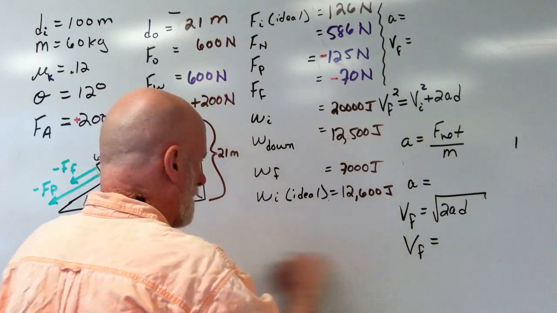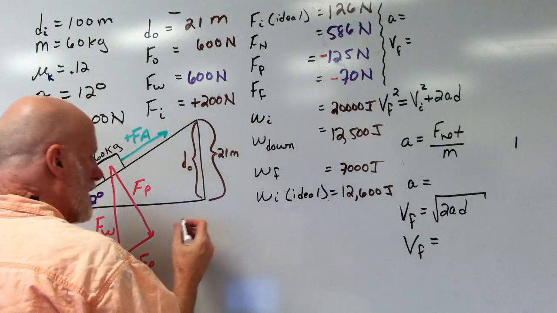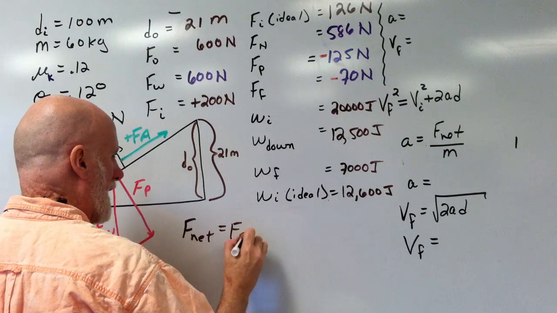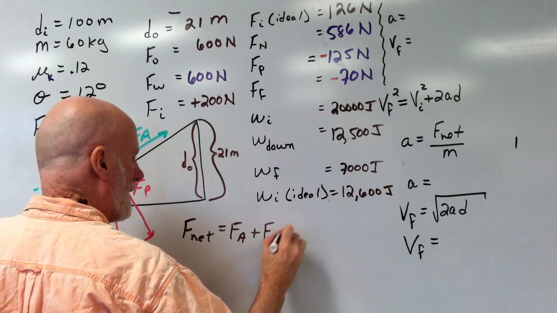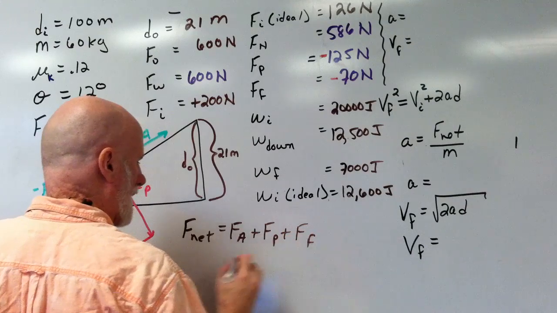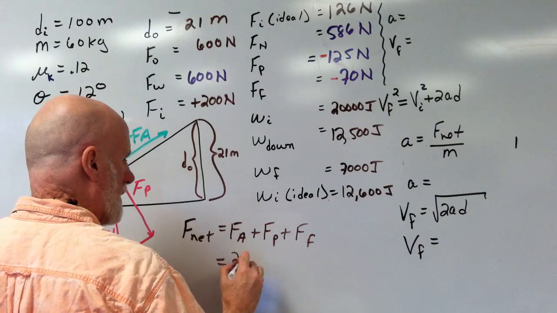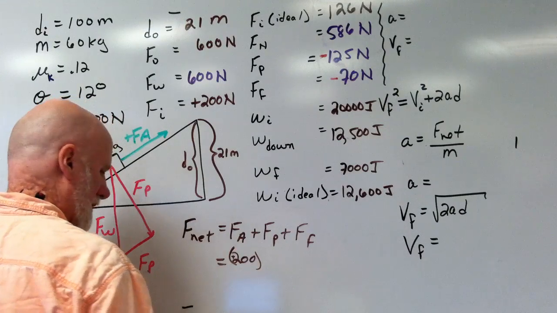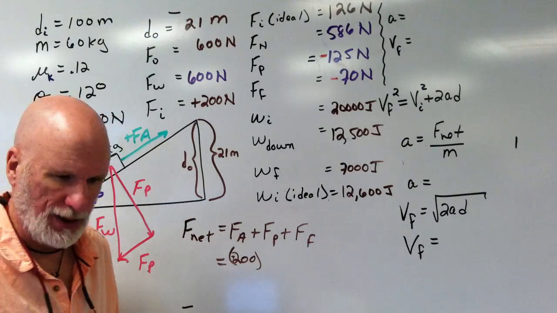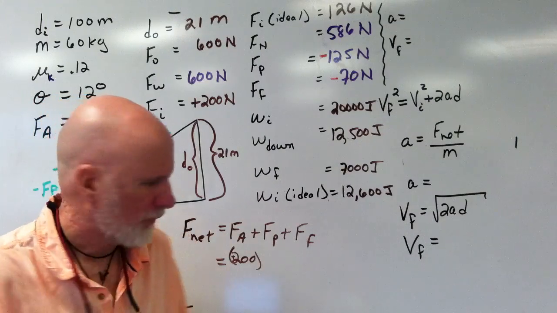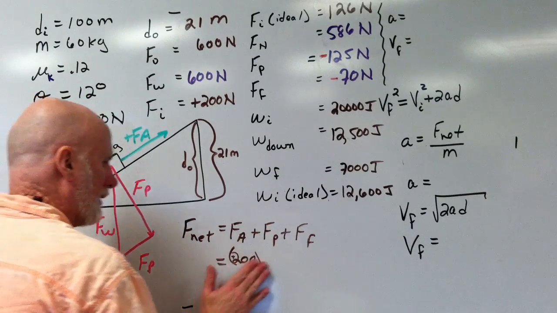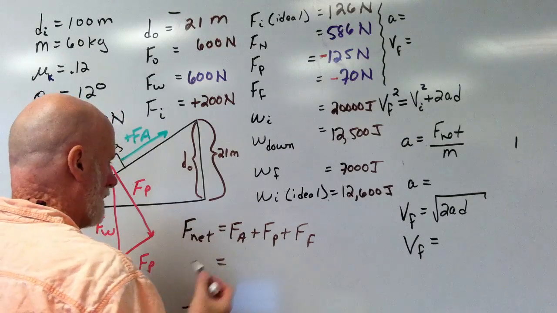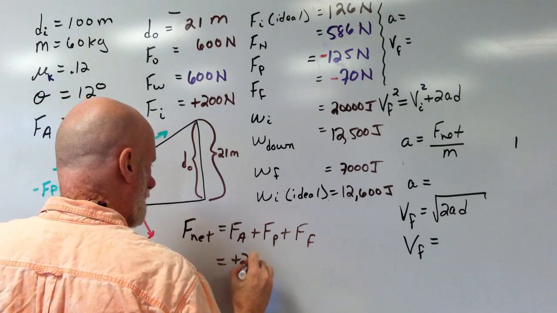I'm going to use this area as a workspace. I know that F net equals FA plus FP plus FF, right? Yes. So that's going to be 200 plus, I'll leave off the unit labels.